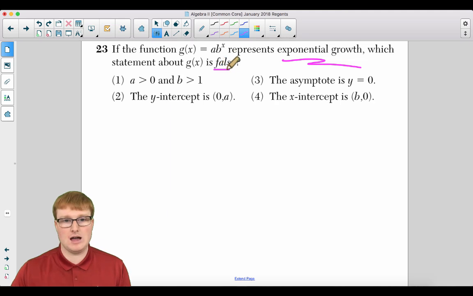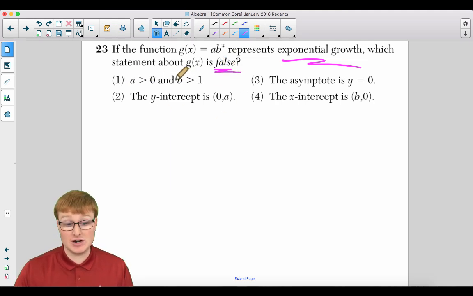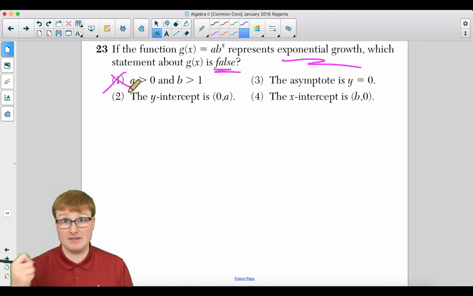So that's important stuff. Choice 1, a is greater than 0 and b is greater than 1. That is absolutely true, so that's not the answer. That has to be satisfied for it to be exponential growth. Choice 2, the y-intercept is (0, a).